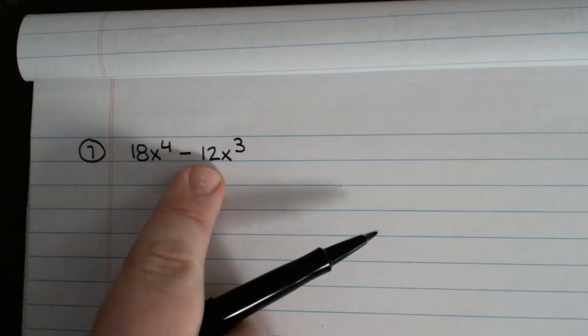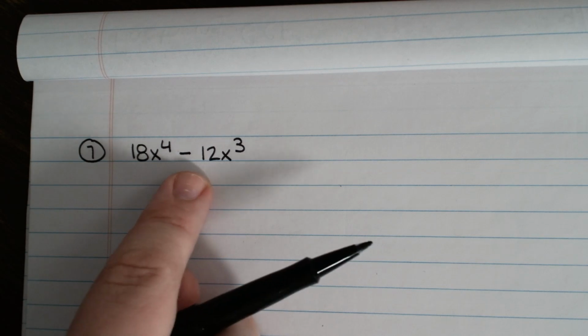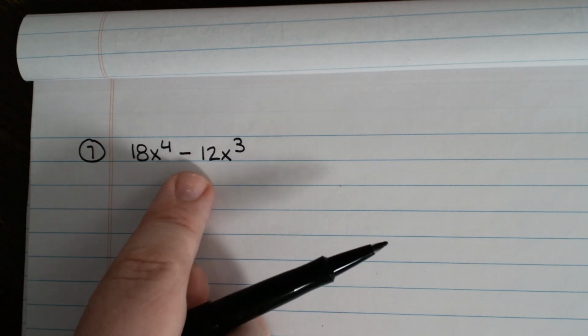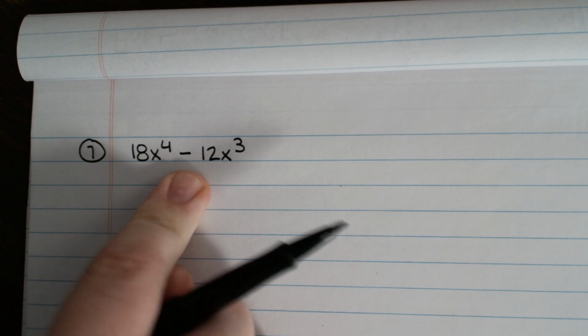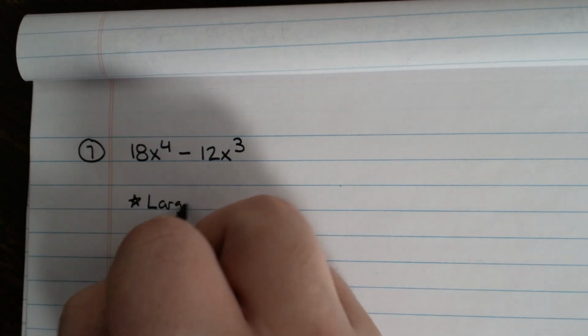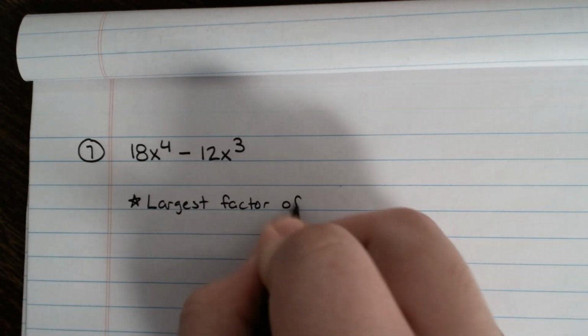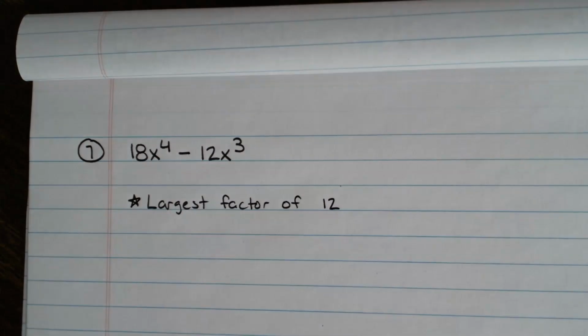So a couple of thoughts that make this a little bit easier. We need a GCF of the coefficients 18 and negative 12. Okay? Well, if I'm looking for the largest factor that divides them, I'm going to be looking at the smallest number. Because, for example, one of the factors of 18 is 18, but that's definitely not going to divide 12 because it's larger.